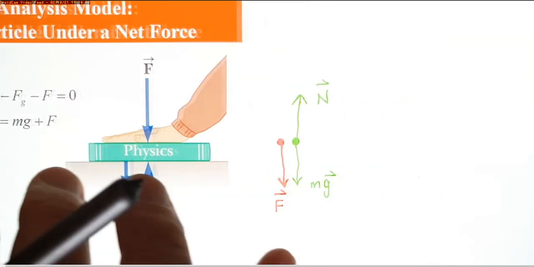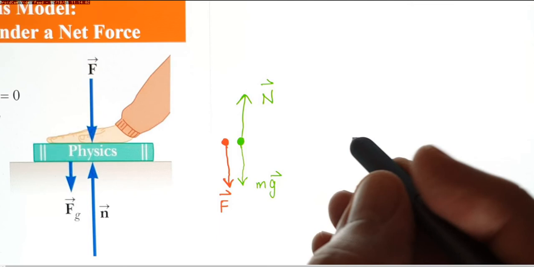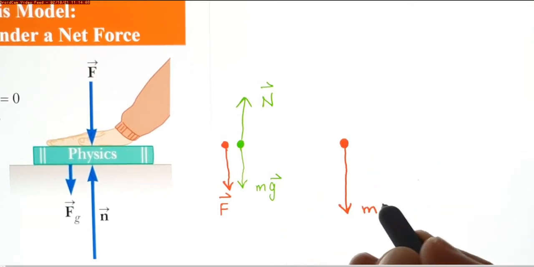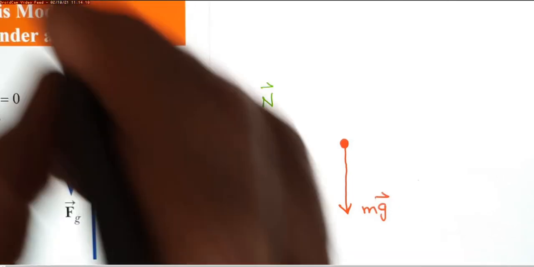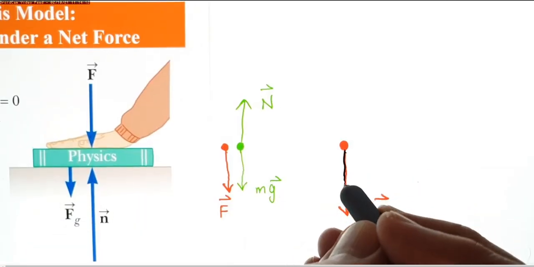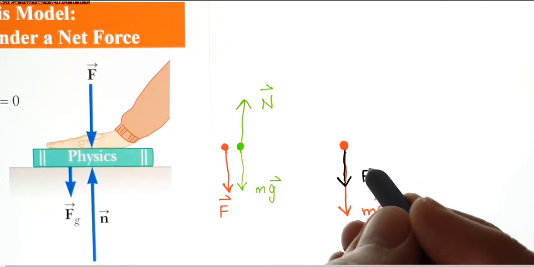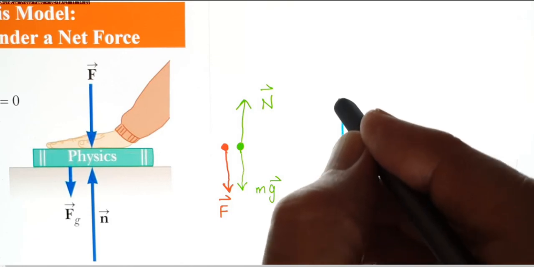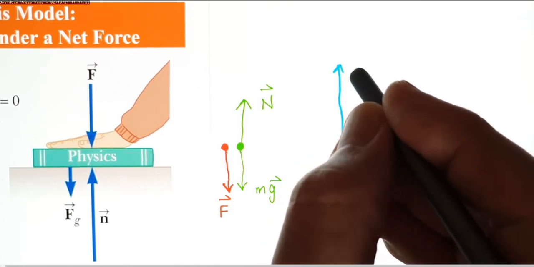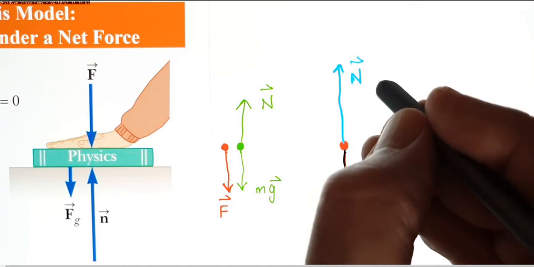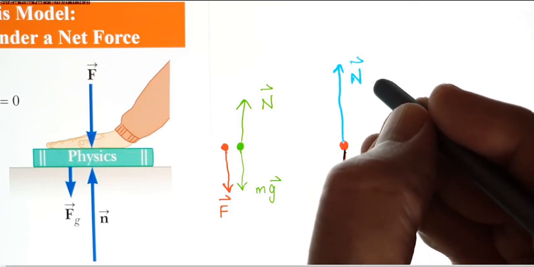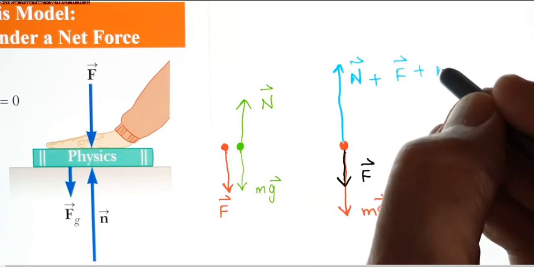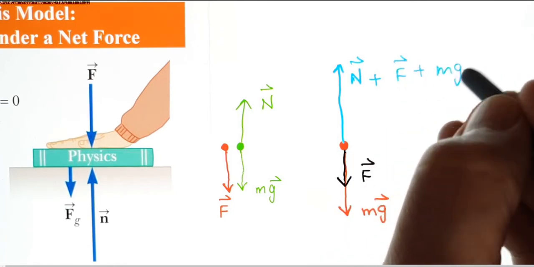So now we can draw our object like this. This is mg, this is the applied force, we call it F, and then we have the normal force, plus F plus mg must equal 0.